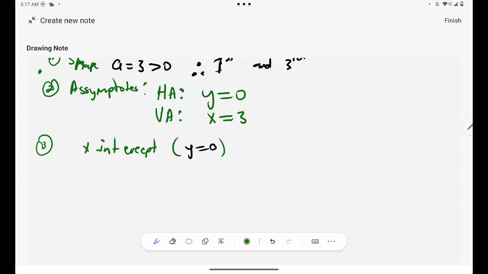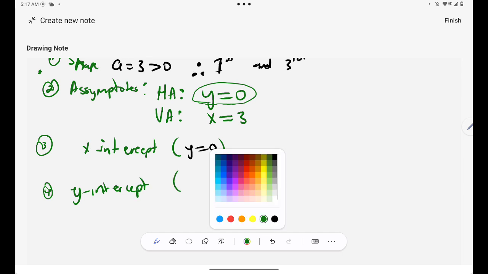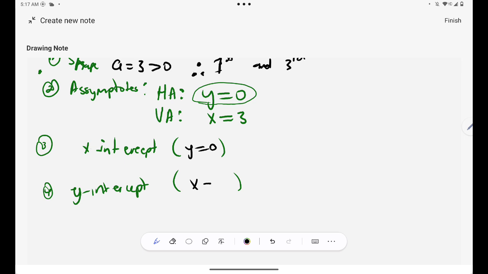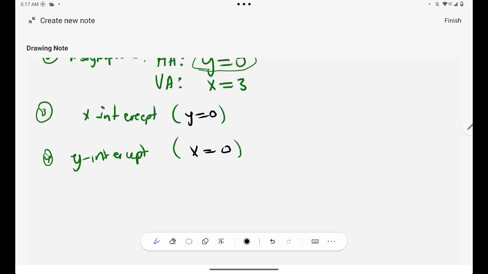Why? Because the x-axis is our restriction. This guy represents the x-axis. Remember that the line y is equal to 0 is always the x-axis. And then we must find the y-intercept. For the y-intercept, I don't care what kind of a graph you're dealing with, but x is always equal to 0.